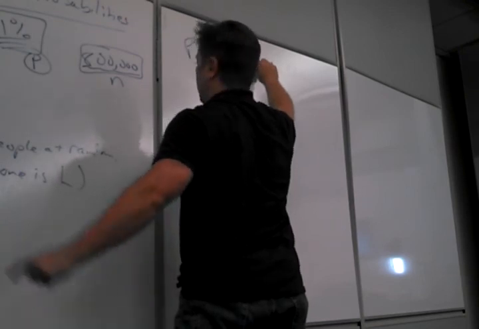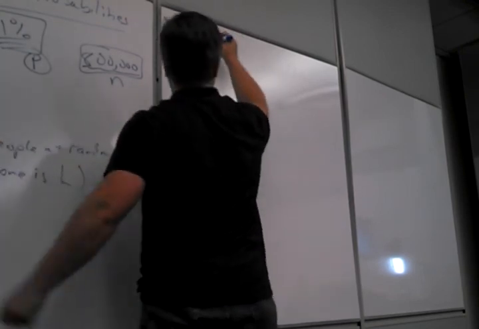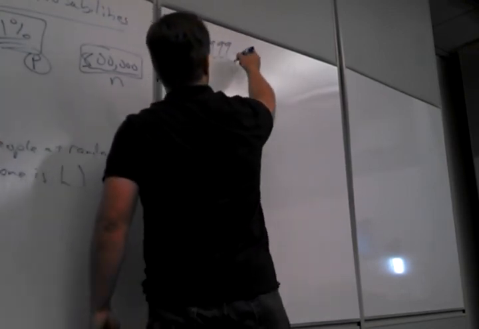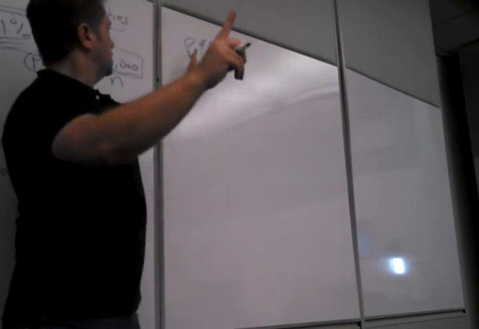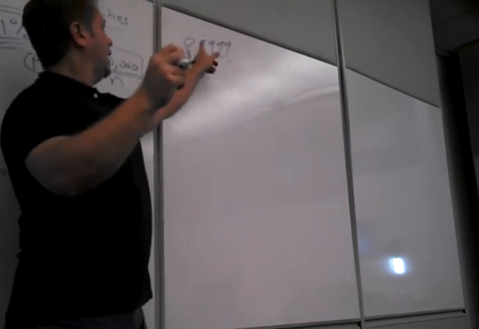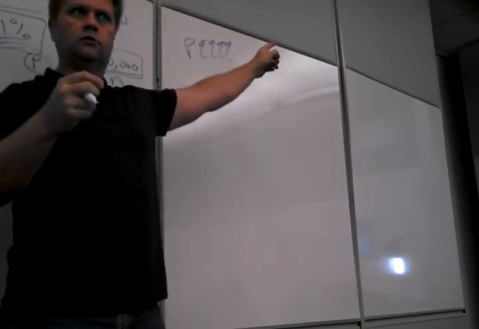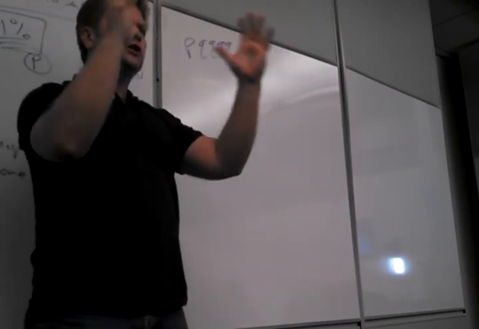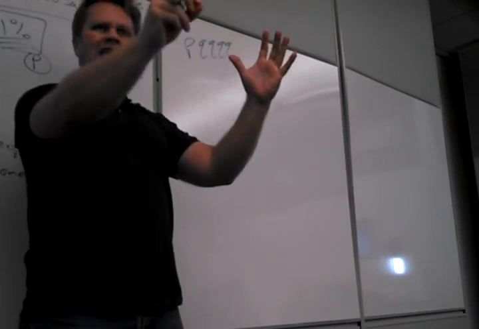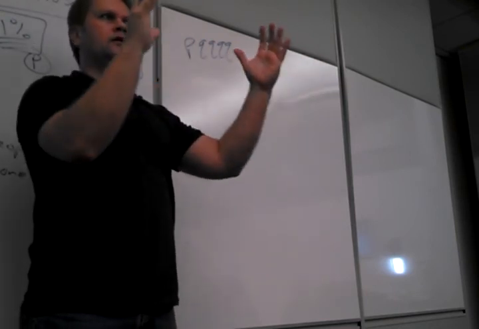If I pick the left-hander first, what do all the other people have to be? Q, Q, Q. So one way is the first one is a left-hander, and the second one is not, and the third one's not. That's why I'm multiplying here. That's one situation.